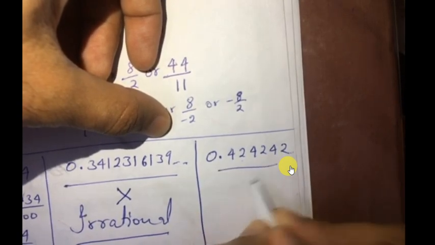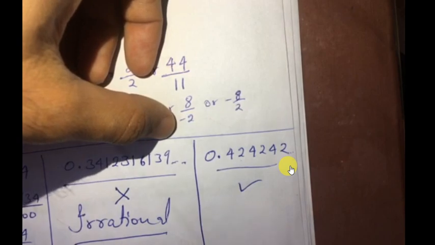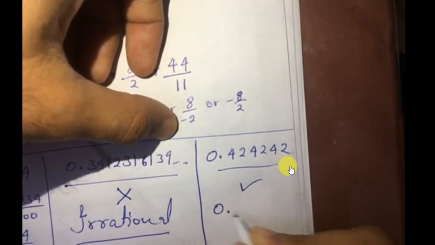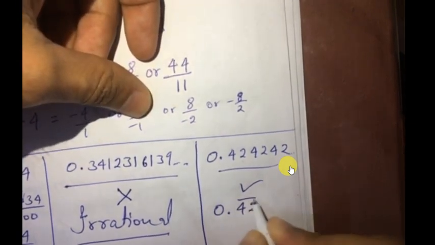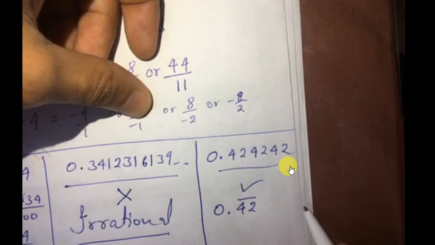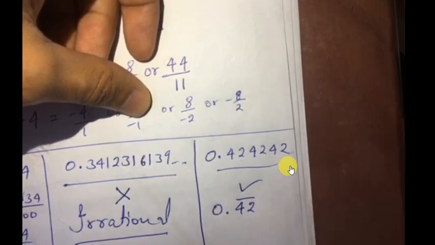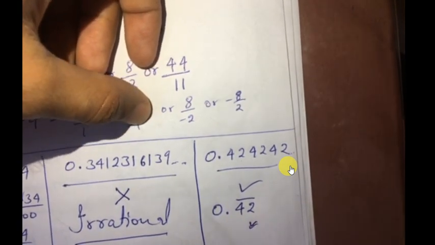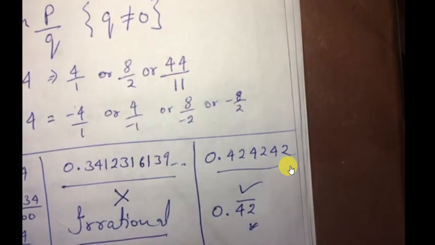They can be converted into rational form, but this is a part of class 9th. When you write them, you write 0.42 with a bar. This bar states that this is repeating to infinity. Now this we will study in class 9th. Right now, we'll get back to what is in your NCERT.